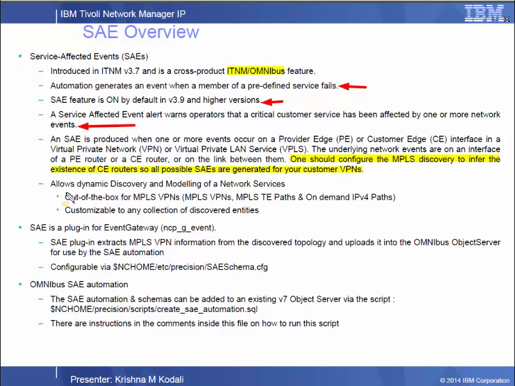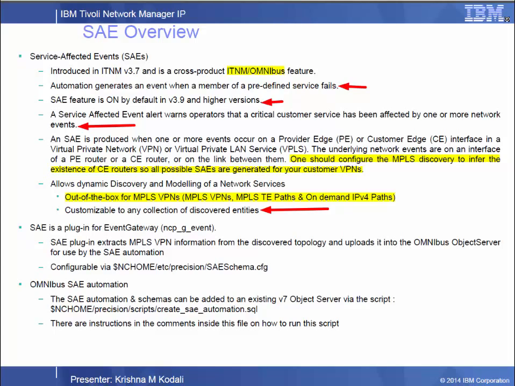Out of the box, it is mainly around MPLS VPNs. It could be layer 2, layer 3, TE paths, IPv4 paths and so forth. This is customizable. You can have your own logical collection. Say, for example, you want your own set of logical collection for a given location, and then we can raise events when one of the devices goes down.